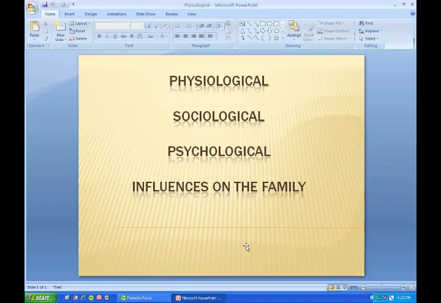We've talked about the sociological and how the social environment can affect an individual. We've talked about the physiological and how heredity can potentially influence an individual to become an alcoholic. Now let's take a look at the psychological arena. The psychological arena is considered the most important arena when addressing alcoholism.